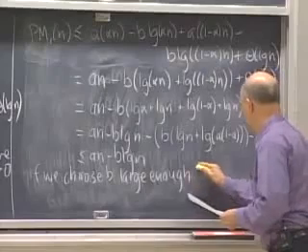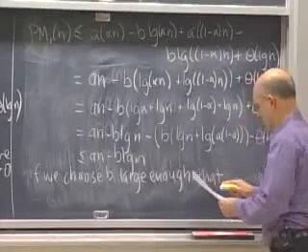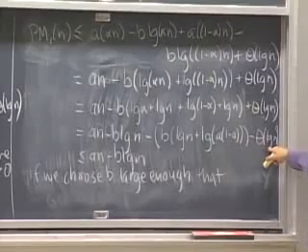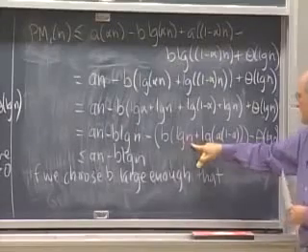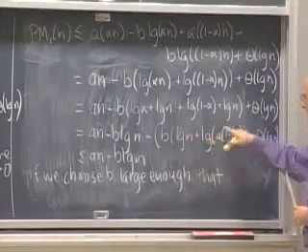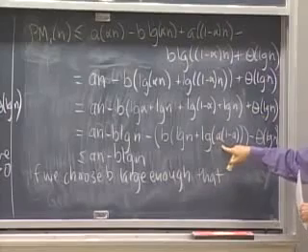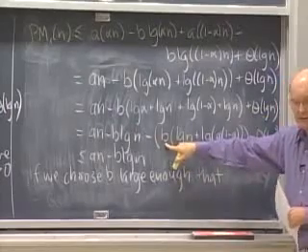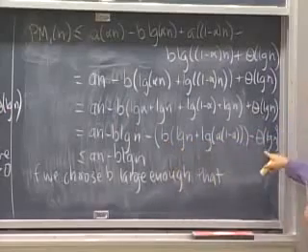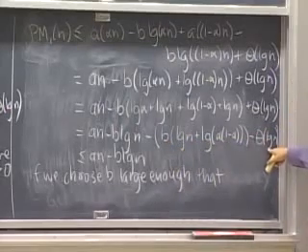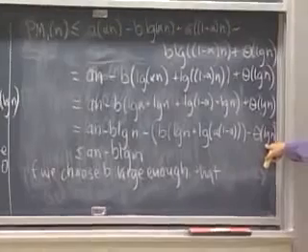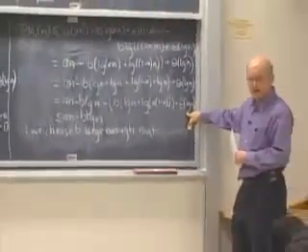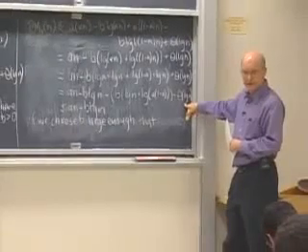This mess dominates this, because this is basically a log n here, and this is essentially a constant. So if I increase b times log n, I can overcome that log n, whatever the constant is hidden by the asymptotic notation.